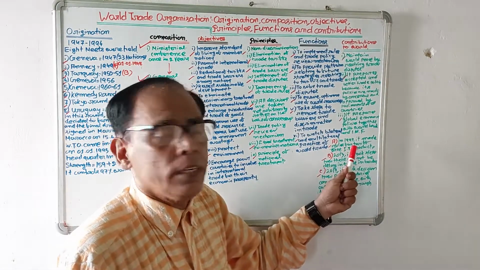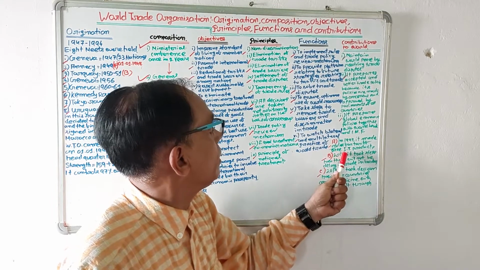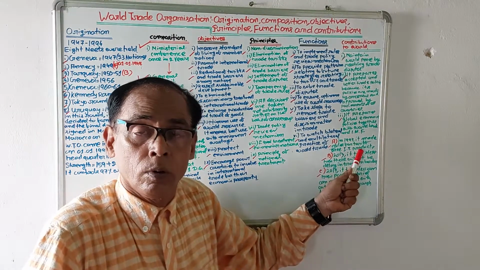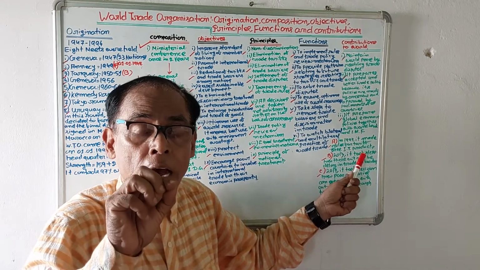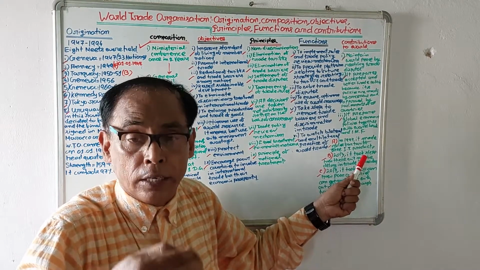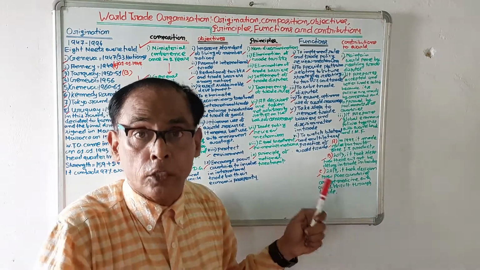In 1997, it made rules for tariff-free IT products. In 1997, it made a rule that there will not be any taxes on IT products. When IT products enter from one country to another, there will not be any taxes or tariffs. It is a major contribution.